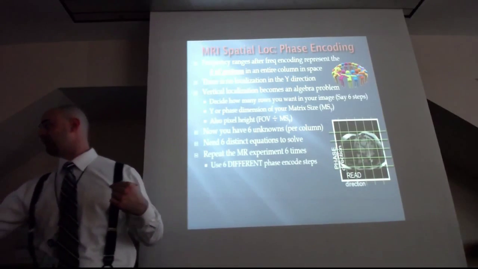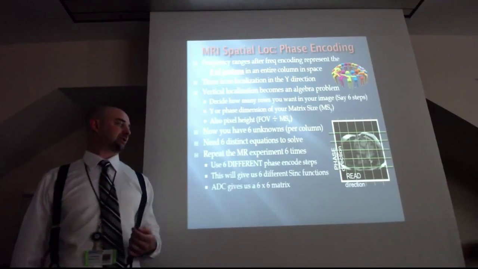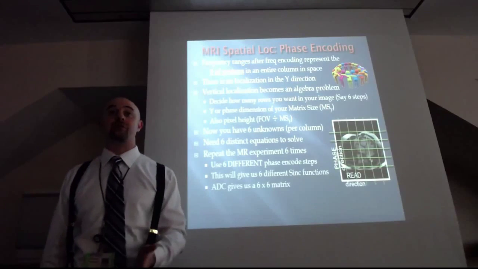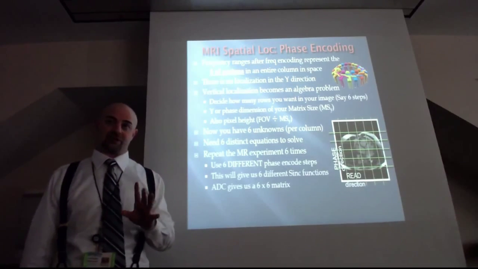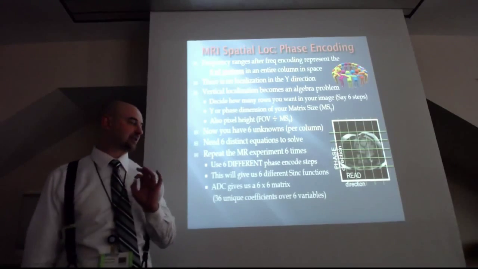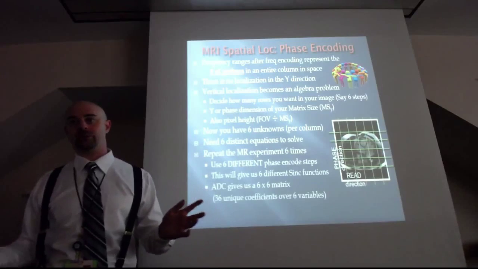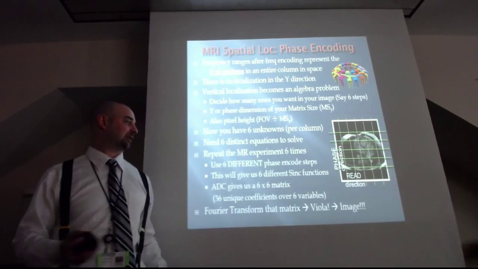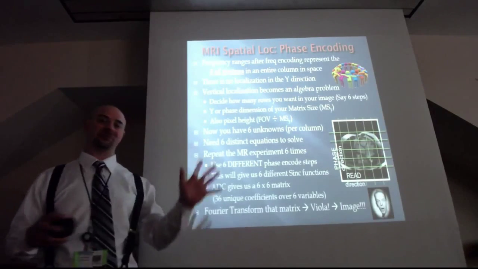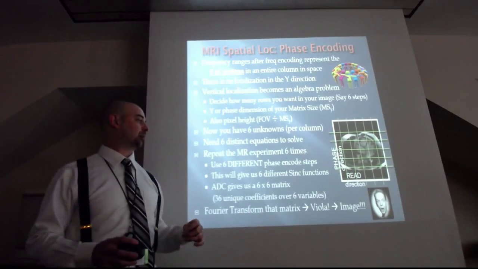Sorry, this is acting up. So that will give us 6 different sync functions, and the analog to digital conversion will give us basically a 6 by 6 k-space matrix. This is 36 unique coefficients over 6 variables, which if you ever took linear algebra, you would know allows you to solve it. Now, remember, Fourier transform is not about solving linear matrices, so that's why this is there.